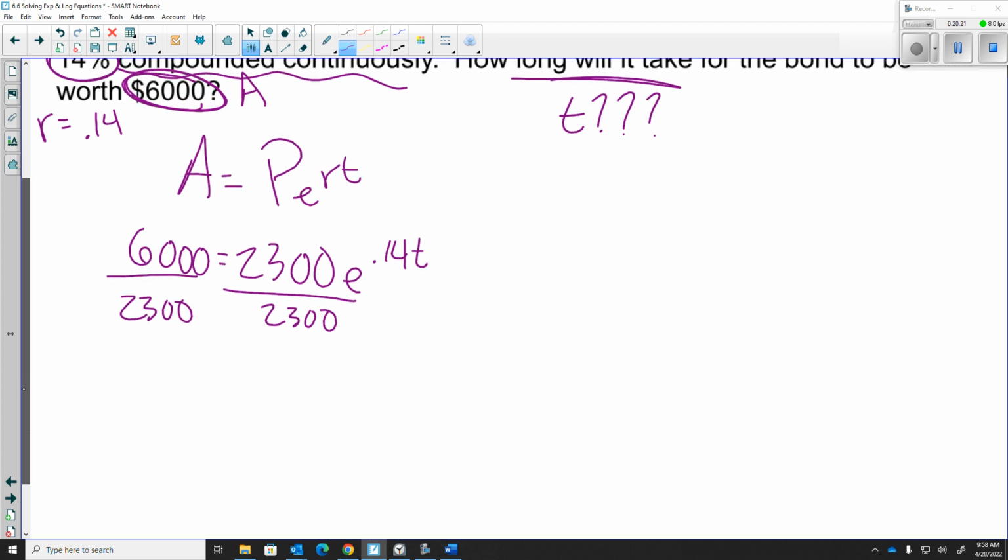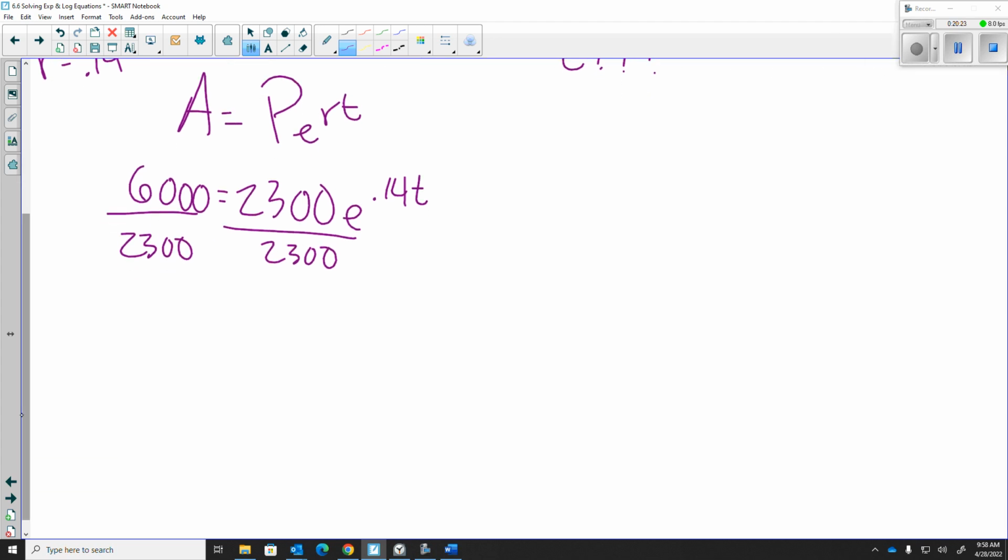What's 6,000 divided by 2300? Calculator, somebody. 2.608 is e to the 0.14t. So far, so good? So I did this, I got that. I have e to the 0.14t.